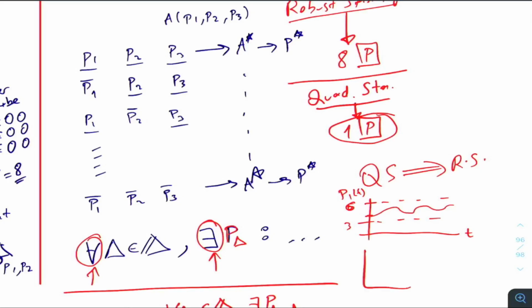For example, you have 1, 2, 5 and E1, and E1 is a time varying parameter. In that case, you would like to have quadratic stability, right? All right.